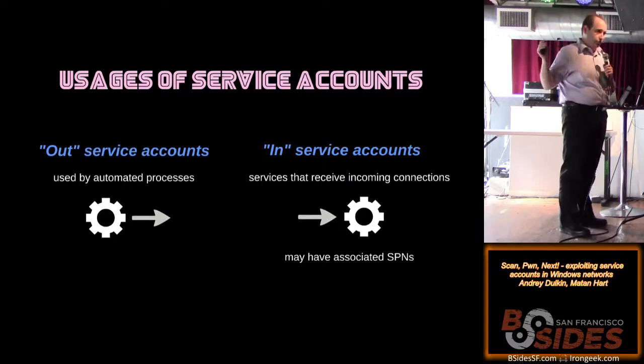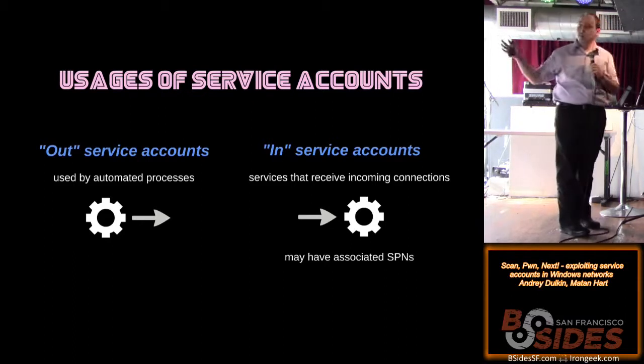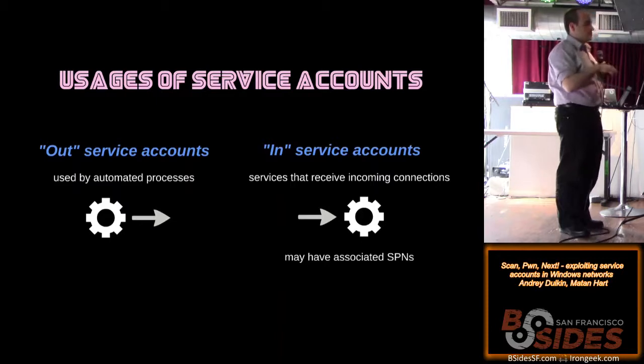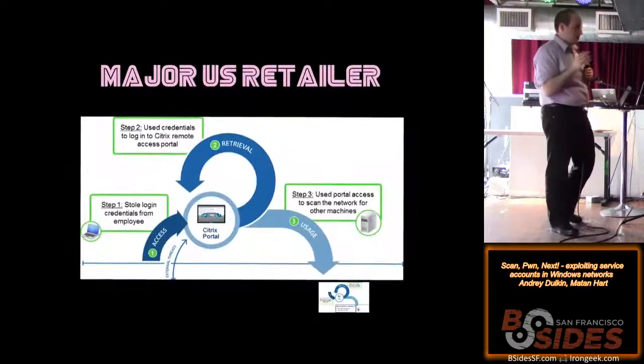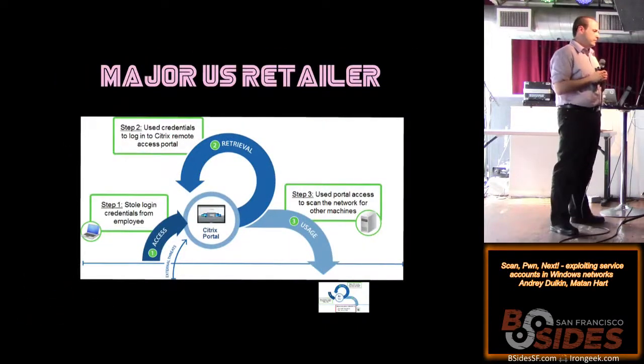They will usually have associated SPNs. So we will start with the out services, basically those services or automated processes that are going out into the network.